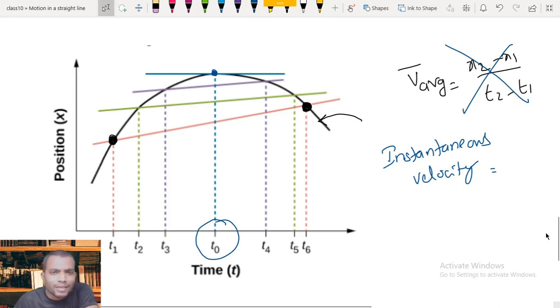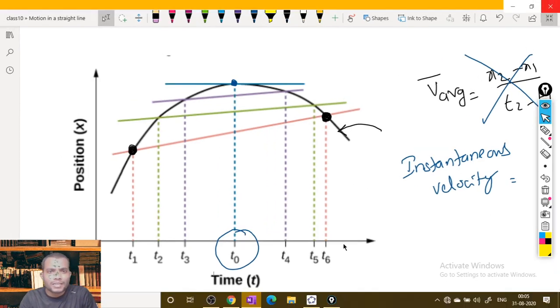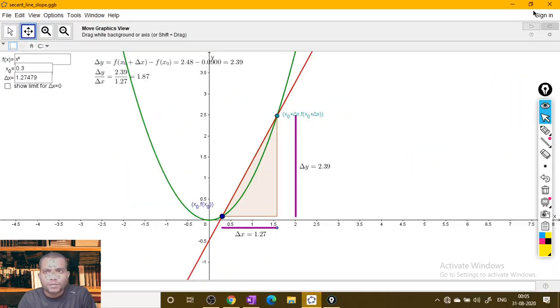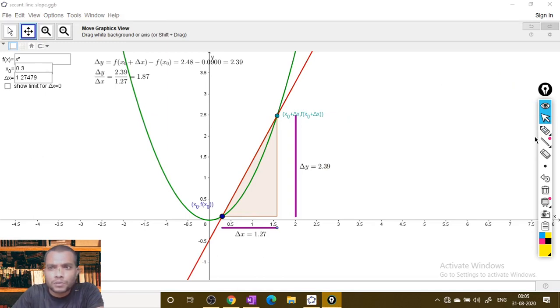So time at that location gives an exact point, exact time. You can understand this by using this graph. Suppose this is my position versus time graph. Let this green one be the graph of any function. Here the function is f of x equal to x square, just like a position versus time graph. Here I am talking in terms of mathematical language.